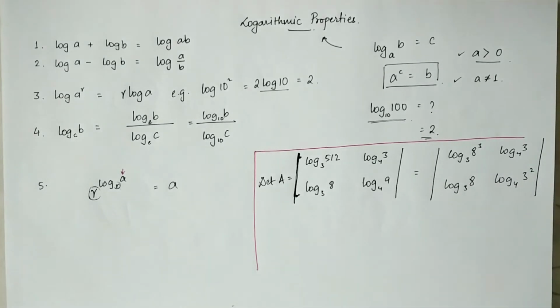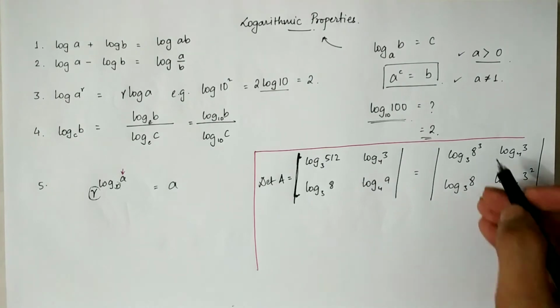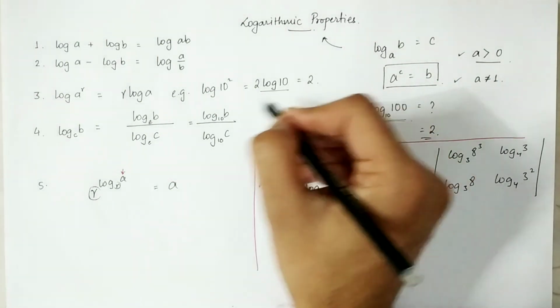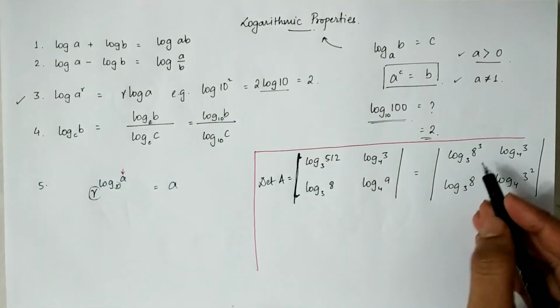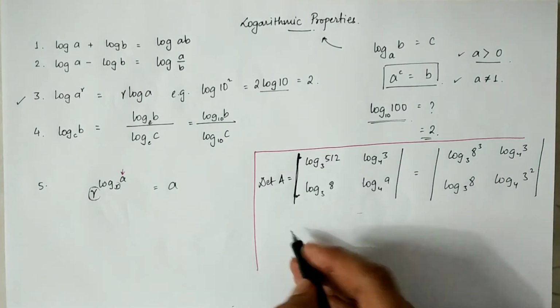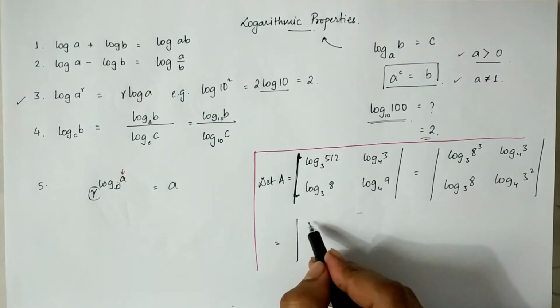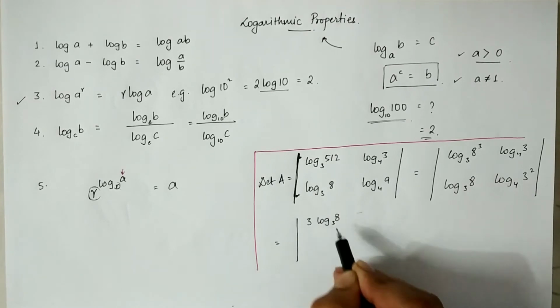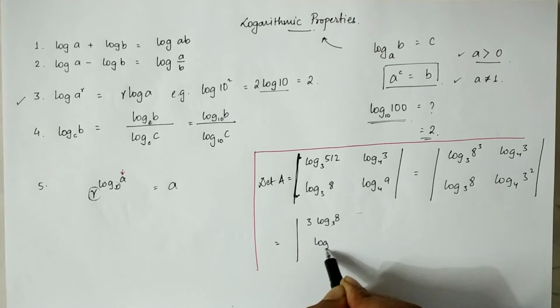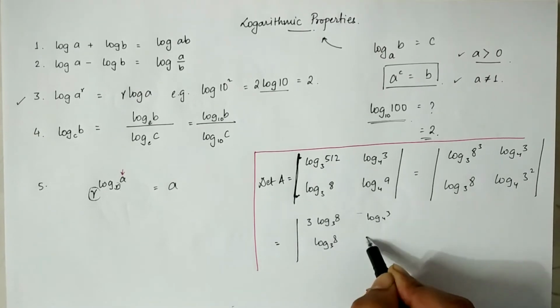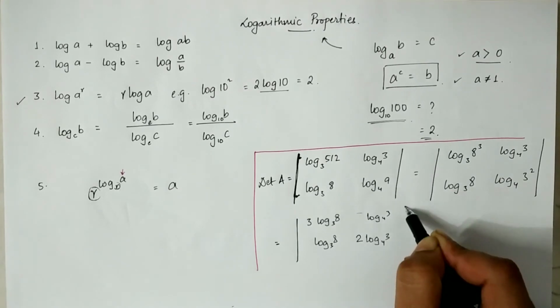Alright. So we can see over here that going by property number 3, this 3 can be brought forward and here this 2 can be brought forward. So the same thing can be written as 3 log 8 base 3, log 8 base 3, log 3 base 4, log 3 base 4, 2.